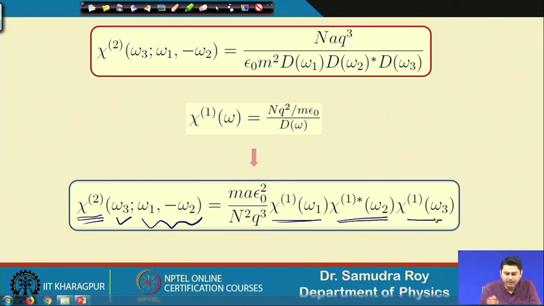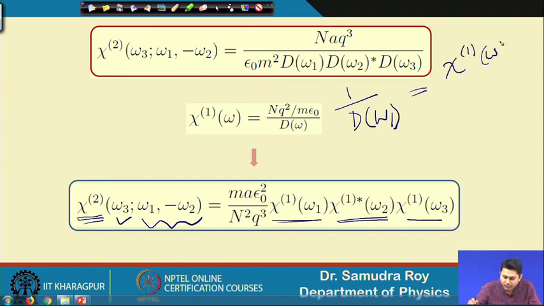I can do this very easily. From here, my d omega 1 will be how much? Chi 1 as a function of omega 1 divided by n q squared over m epsilon 0.